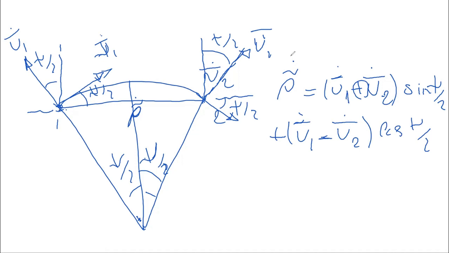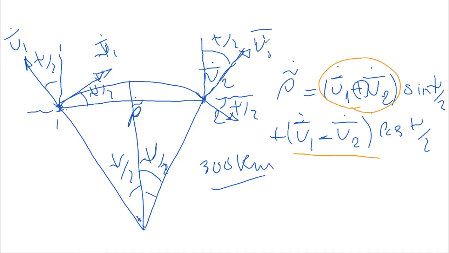Since this distance is around 300 kilometers and is small compared to the radius of the Earth, and as we already explained, these radial velocities are not that big, this term is approximately 0.